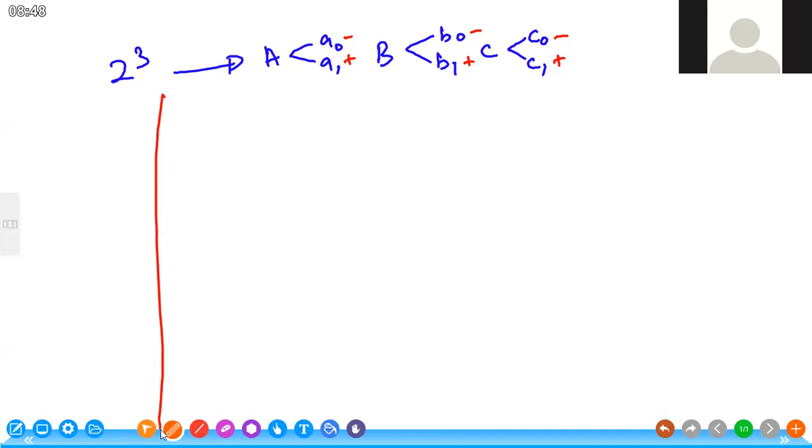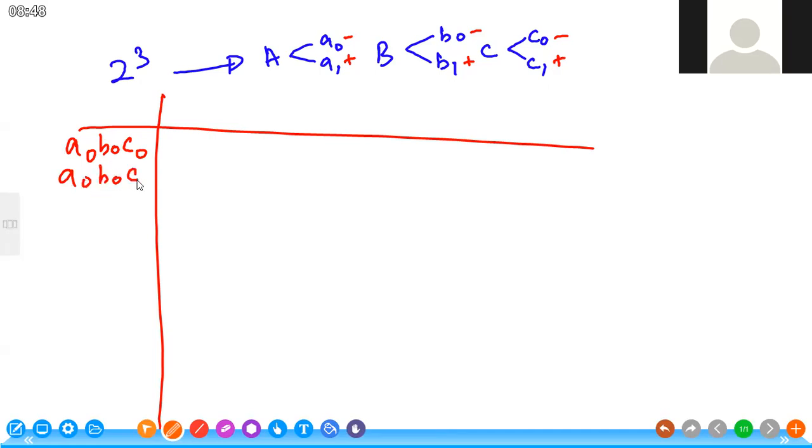Now we can come up with the combinations. What are they? Tell me. A naught, B naught, C naught. A naught, B naught, C1. A naught, B1, C naught. A naught, B1, C1.